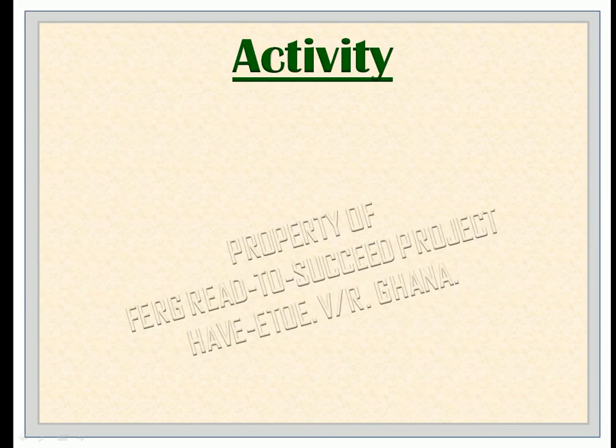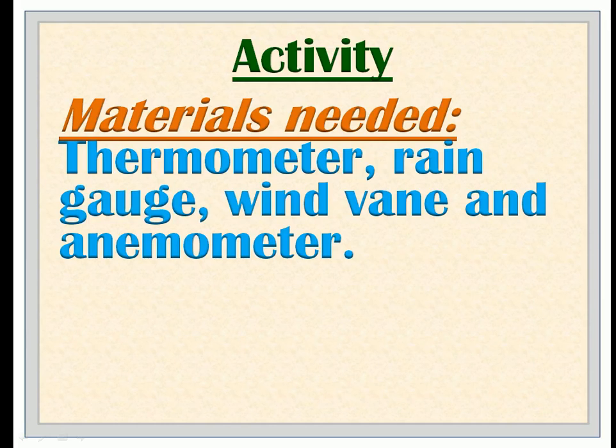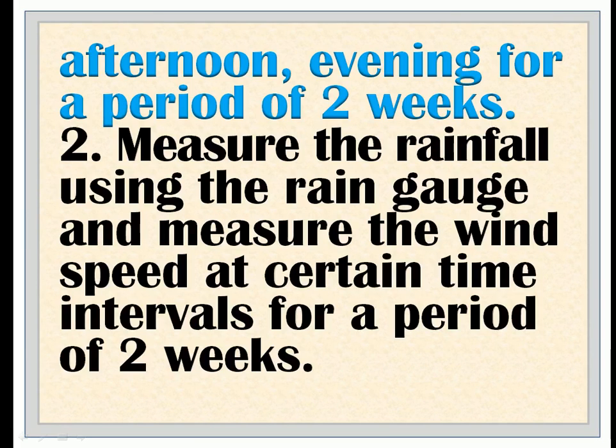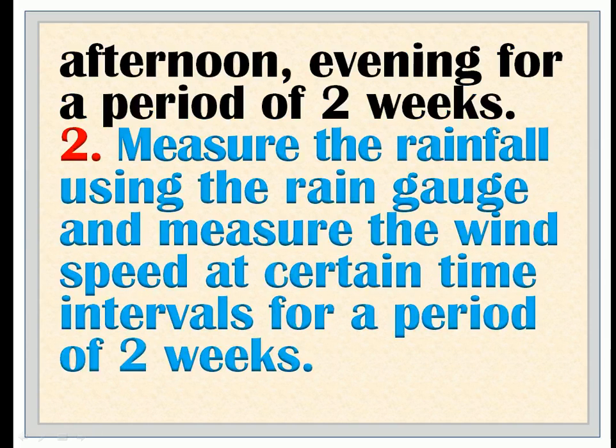Activity. Materials needed: thermometer, rain gauge, wind vane, and anemometer. Procedure. 1. Measure the temperature in morning, afternoon, evening, for a period of 2 weeks. 2.